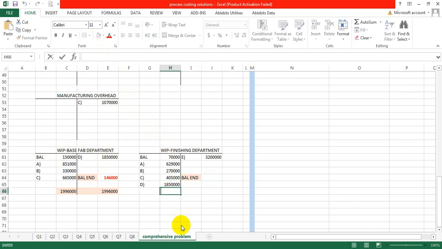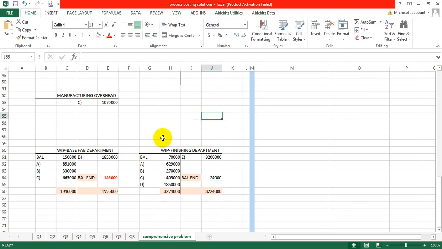Summation of all the values, this side is equal to this side, as we have seen in the previous examples, right? So what will be my ending work in process? In WIP finishing department, my ending work in process is 24,000, right?